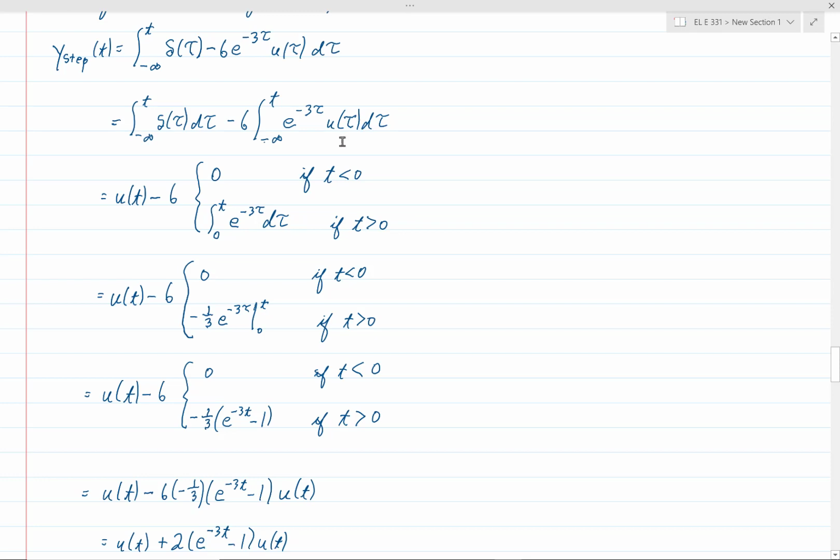It's just plain old 1. So we don't even have to write it down. So that's how we have simplified this integral into this expression right here.